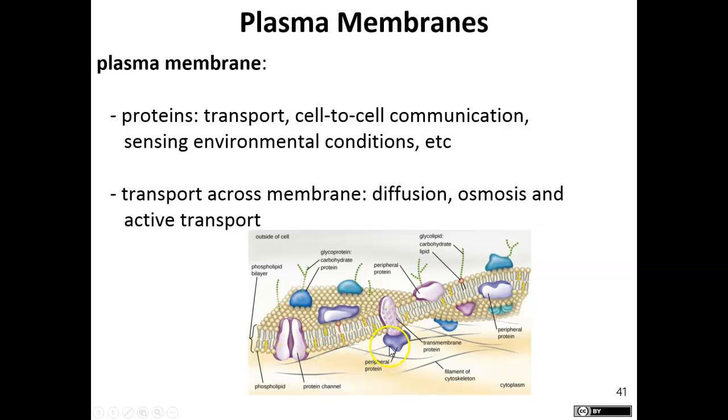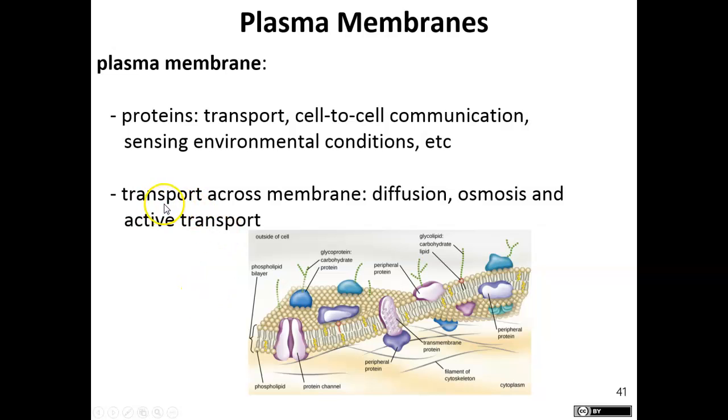Or we have some proteins that are found on either one side or the other side, and those are called peripheral proteins. But all proteins have different functions. So they may function in cell-to-cell communication. Our glycoproteins often are cell-to-cell communicators. They may function in sensing environmental conditions. They may function in transport of materials across the membrane. They may be enzymatic. There's a lot of different functions, okay?